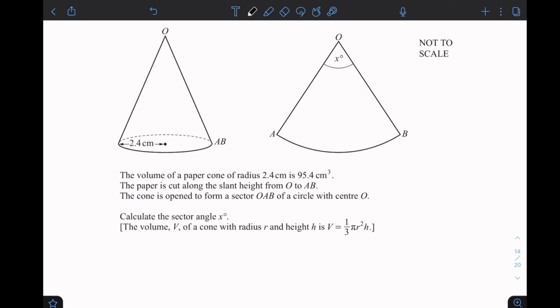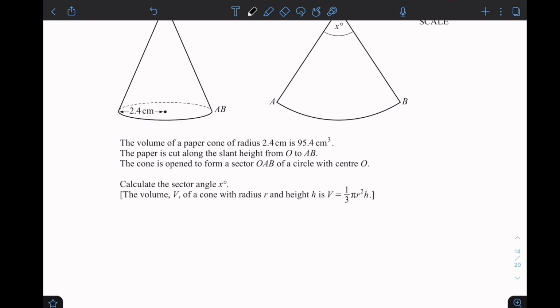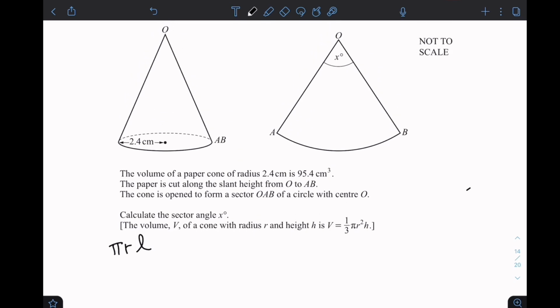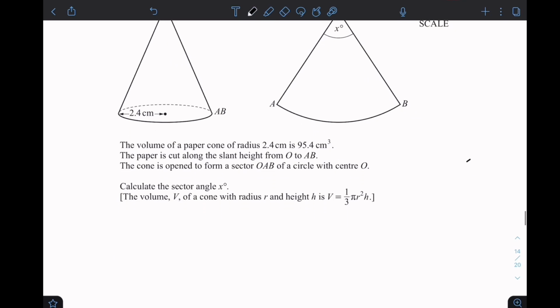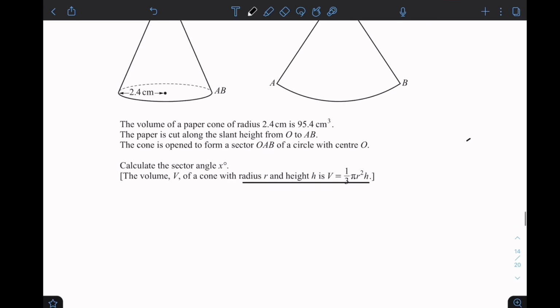Okay, so what you can do is first calculate the slant height. For a cone, the curved surface area is pi r L, where L is the slant height. First, the volume of a cone with radius r and height h is V equals 1 upon 3 pi r squared h.